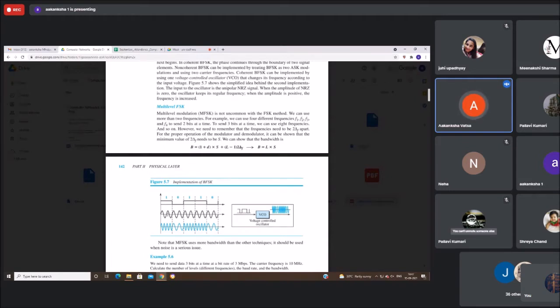There is continuity in the signal. The only difference is when 1 bit was represented, the sine wave could complete more number of cycles because it had higher frequency, and with another frequency f2, 0 was represented, and the number of cycles of the sine wave that would be completed in one unit of time would be different in case of 0. So the only difference is the number of cycles, that is the frequency.